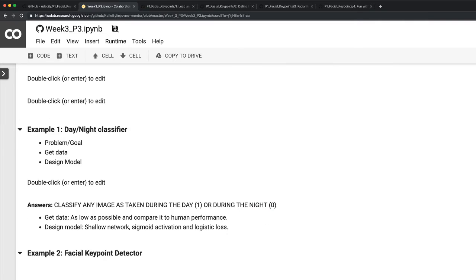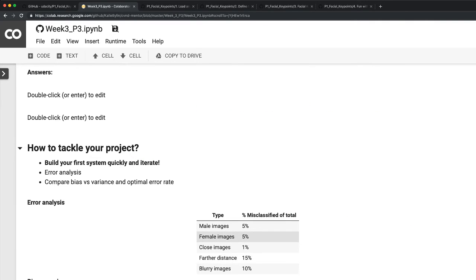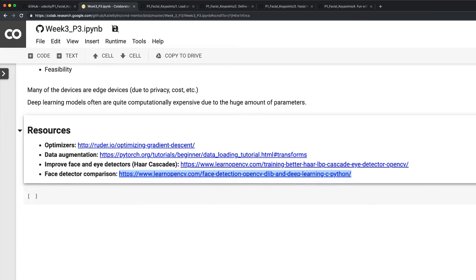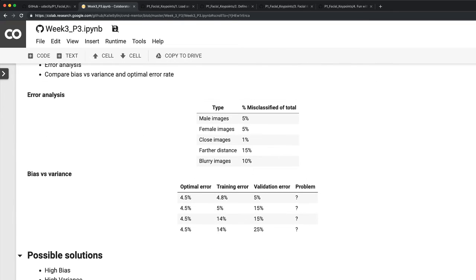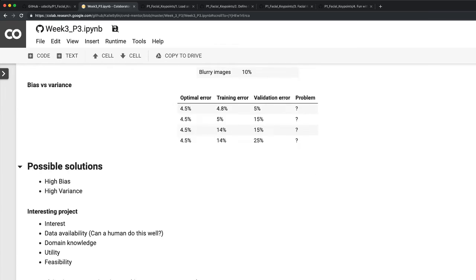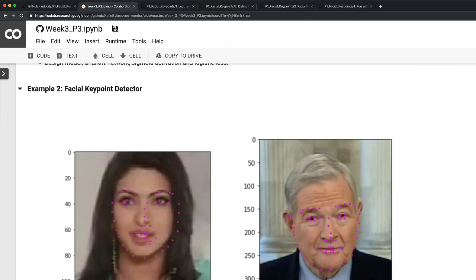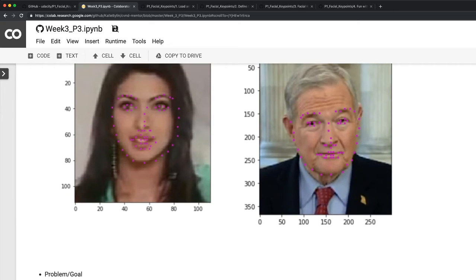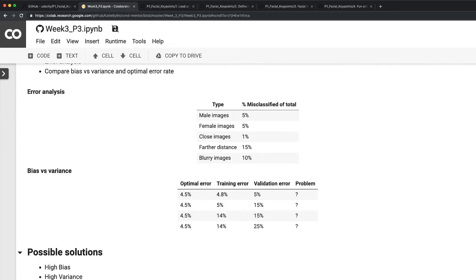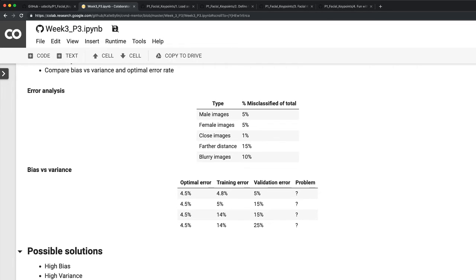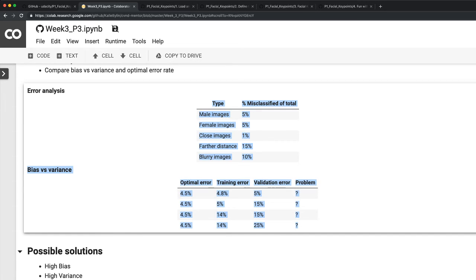And that's basically most of the content I had for the webinar today about how to work and tackle a machine learning project in the real world. I hope this was useful for you and that you can use these recommendations on error analysis and bias and variance studies, comparing with the optimal error rate, to work on your project and to know what to change as you're going along.